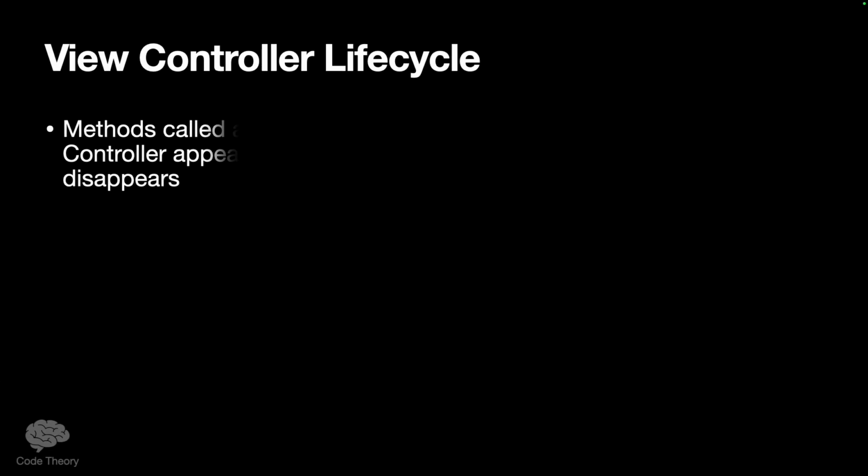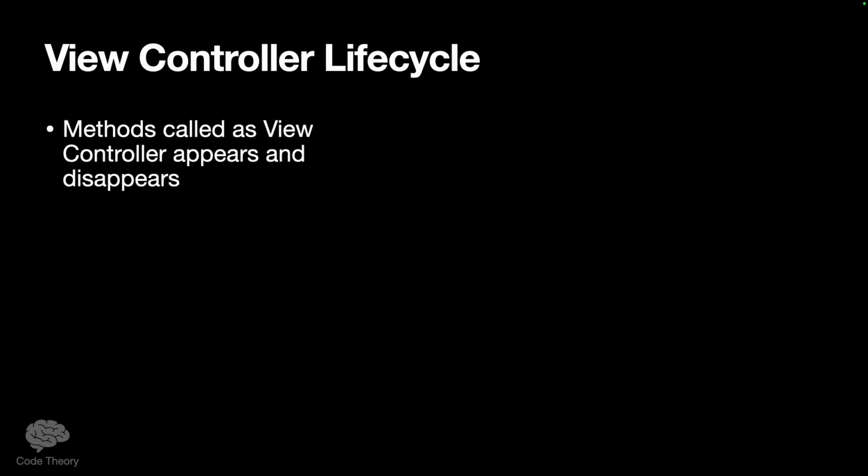Cool. View controllers have a life cycle. So when a view controller is going to show up for the first time ever, there are a number of methods that it will call, okay? So view controller is a UIViewController class type. If you want to create a custom view controller, you will be subclassing from the UIViewController class.